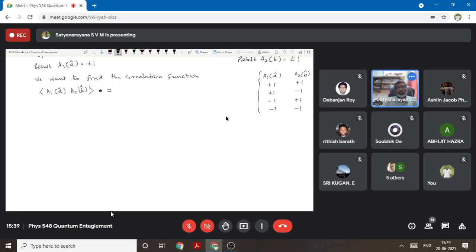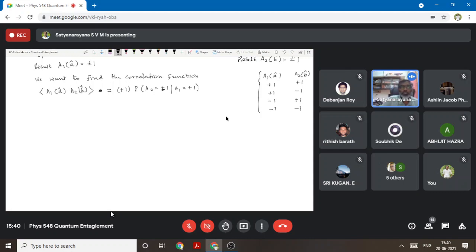Now, each one of these possibilities will occur with certain probabilities. So now we will simply calculate that. In this possibility, the product of A1, A2 is plus 1. And when both are minus 1 also, it is plus 1. So I can write this as plus 1 into the probability that A2 is equal to +1 given A1 is also equal to +1.